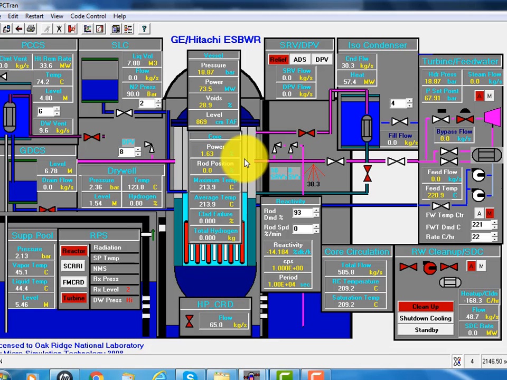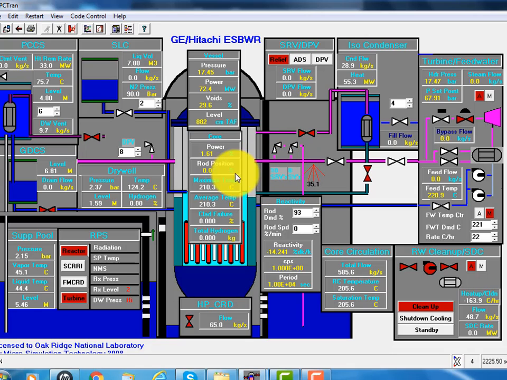In all previous generations, BWR2 to BWR6 and ABWR, they all have active cooling systems such as core spray and coolant injection, etc.